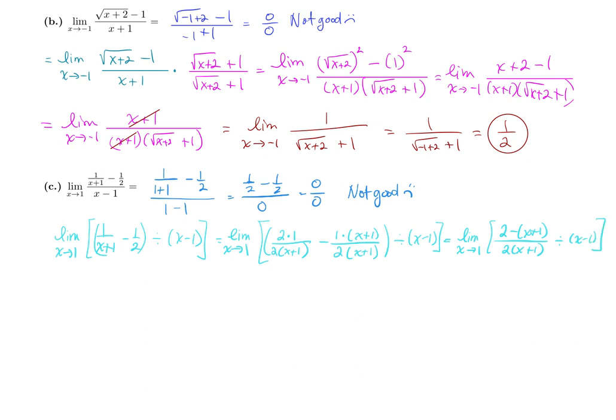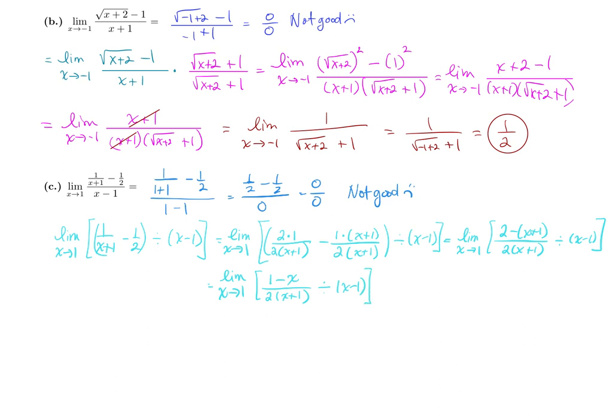So we're getting closer to being able to evaluate this directly. Our limit as x approaches 1 is going to be of 2 minus x minus 1. And 2 minus 1 is 1, so we get 1 minus x over 2 times x plus 1, and we're going to divide that by x minus 1.